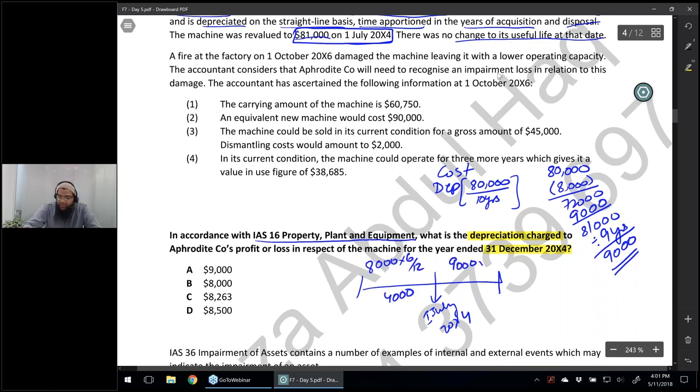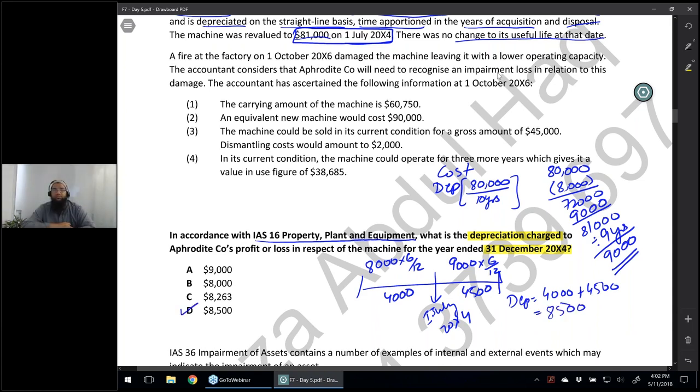So the total depreciation to be charged is going to be 4,000 plus 4,500, which is actually 8,500. So your answer is going to be D in this case. So the right answer is actually D.